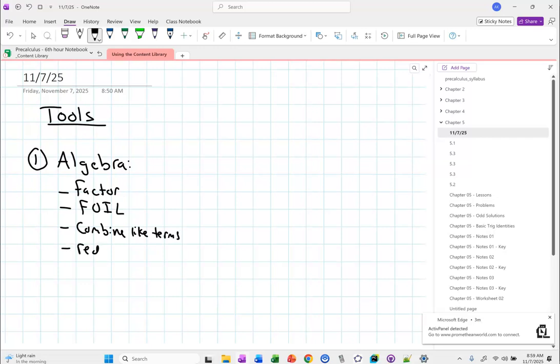You might be able to reduce a fraction. You might be able to make a least common denominator and add or subtract fractions. I don't see another one right away, but that's your algebra tools.